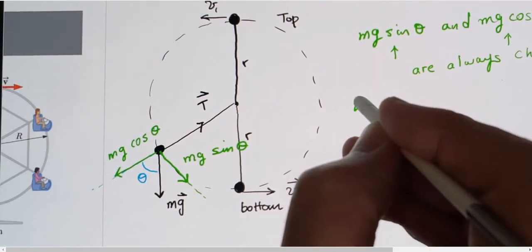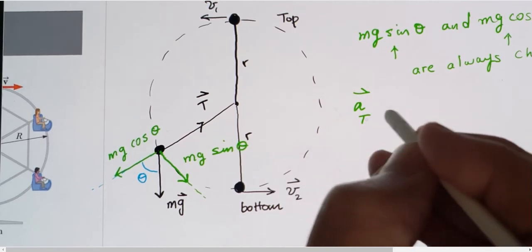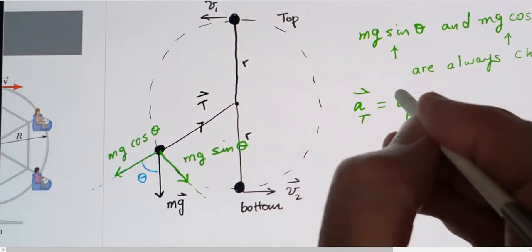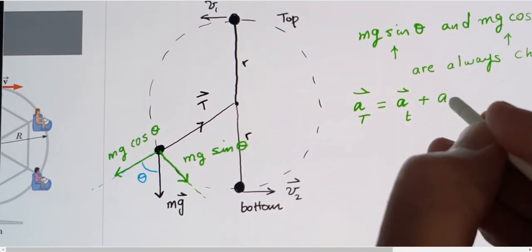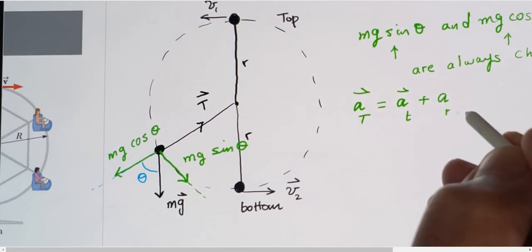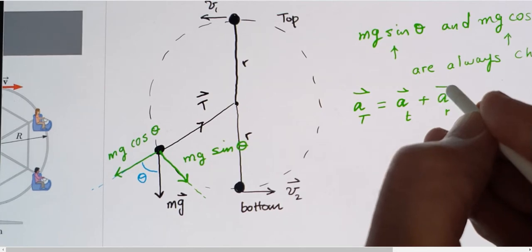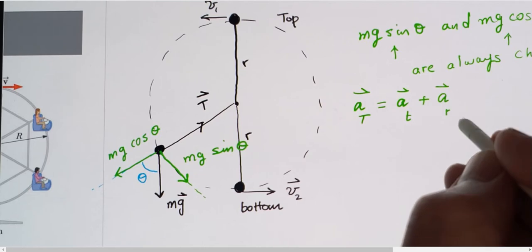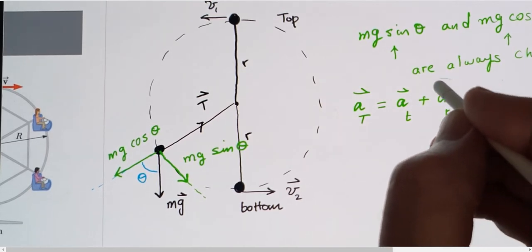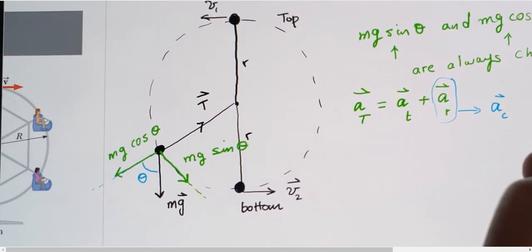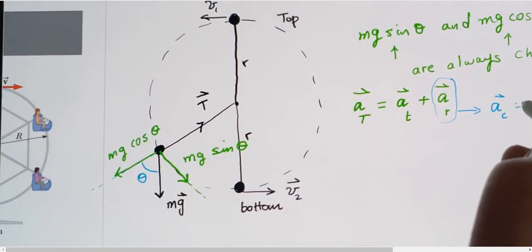As we said, the total acceleration must equal the tangential acceleration plus the centripetal acceleration, and he is calling it in the book the radial acceleration. So I will just use it in order to reduce the confusion. But I will write here, this is the centripetal acceleration, which is equal to v square over r.